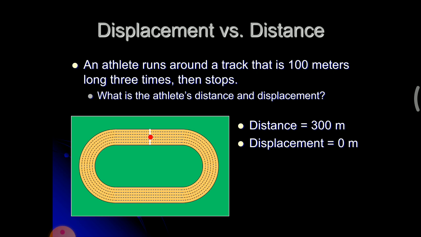So when we subtract the initial and final position in this case, we get 0 meters. So from this we can say that the distance is not always equal to displacement. The distance never takes a 0 value, but the displacement can take a 0 value. When the final position and initial position are at the same point, the displacement is 0.